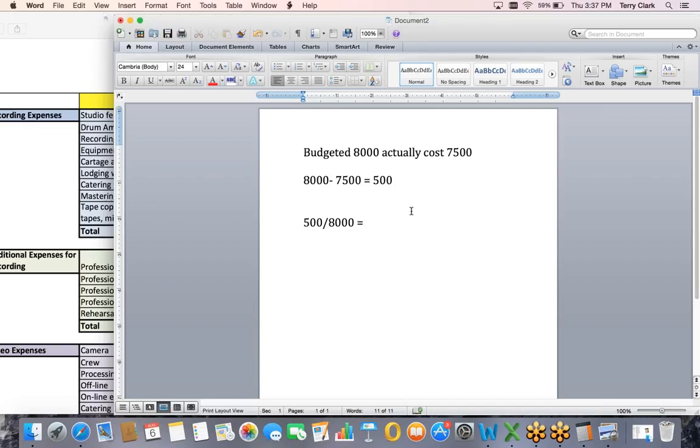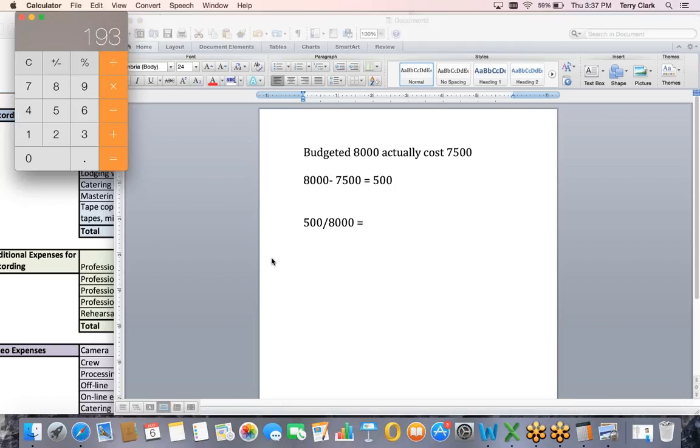Okay, so figuring out the amount off was the actual amount of money that got taken off. It went from 8,000 to 7,500. So $500 got taken off. And then from there, to figure out the percentage, we took the 500 and divided it by 8,000, because that's going to give us the percentage. So we're going to take 500 divided by 8,000 to figure out what percentage we got off.